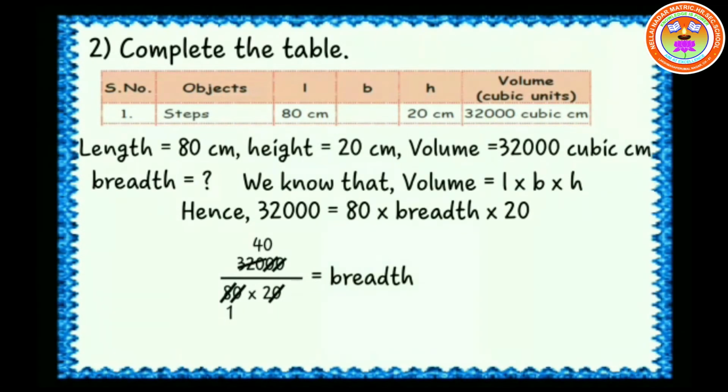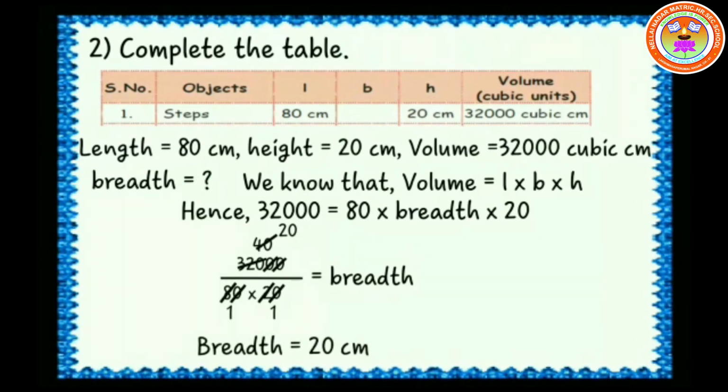Now cancel 2 in 2 table 1 time and 40 in 2 table 20 times. Breadth is 20 centimeter. So the answer is 20.